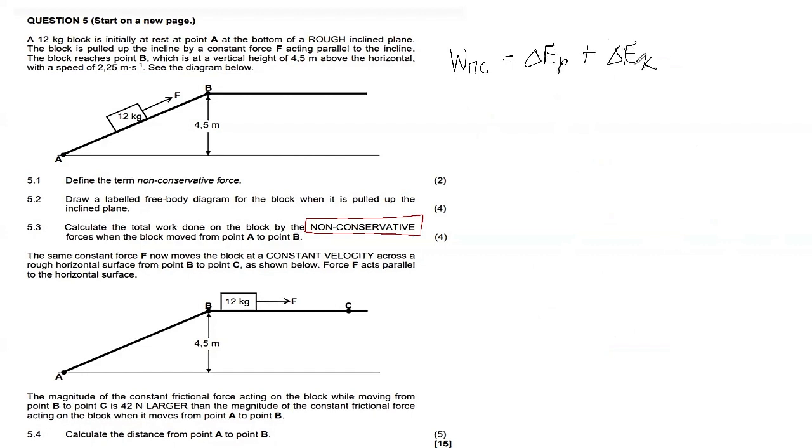It doesn't matter whether you start with change in EK and then say plus change in EP, it's all the same thing. Then you just say W_nc. You won't break this one down because they are looking for the work done, so you'll just break this one here. So that's mg(height finally minus height initially) plus half m(Vf squared minus Vi squared).